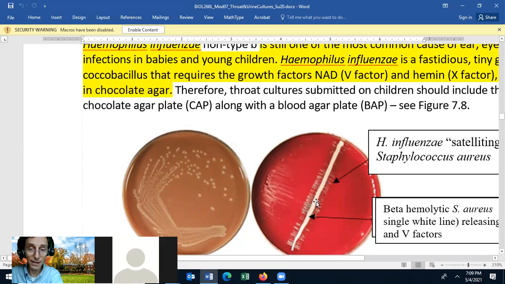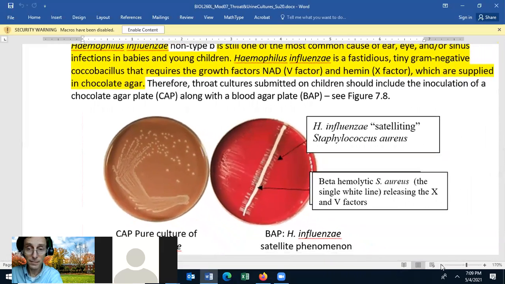And the reason is that the Staphylococcus aureus is lysing the red blood cells, which is releasing nutrients for the Haemophilus influenzae to grow near the Staphylococcus aureus. But further away from the Staphylococcus aureus, we have no Haemophilus influenzae. Any question about any of that?